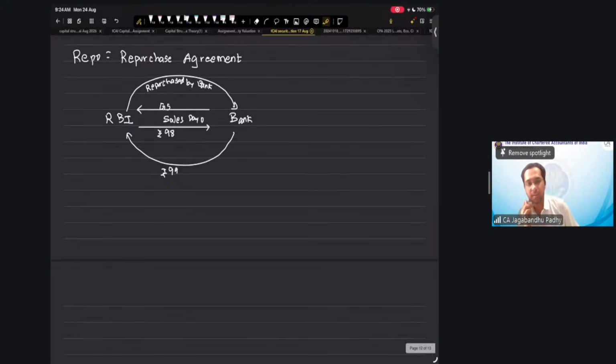So effectively, what is the amount of interest that is paid by the bank? 1 rupee. So 1 rupee is essentially the interest.